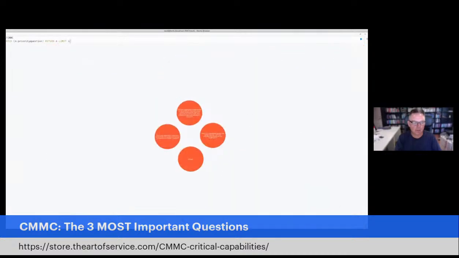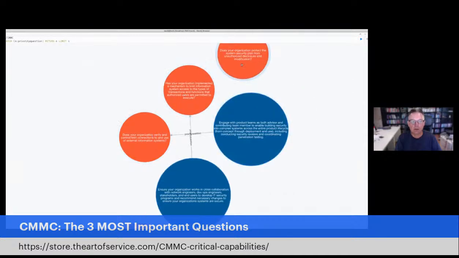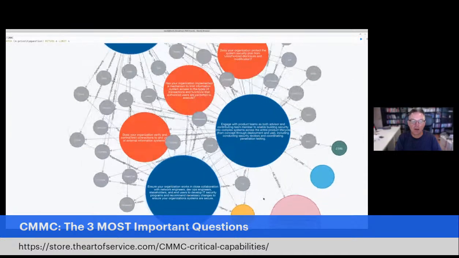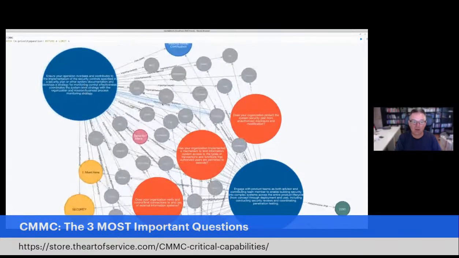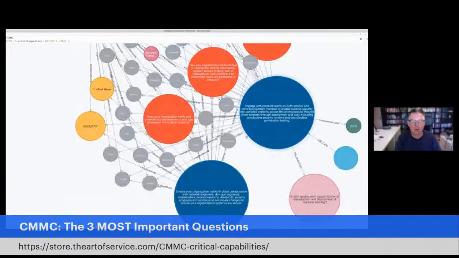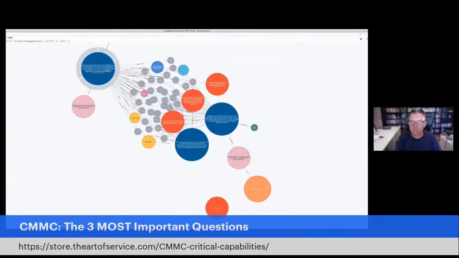That's how we started out, how they're all related to each other, what you need to be doing in your organization, what kind of roles you will need to have, what CMMC actually is, how you get to certain maturity levels, what kind of questions you need to be asking, and who you need to be asking those questions to in your organization.